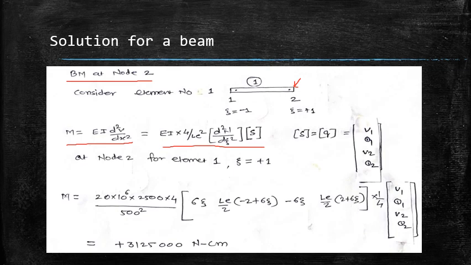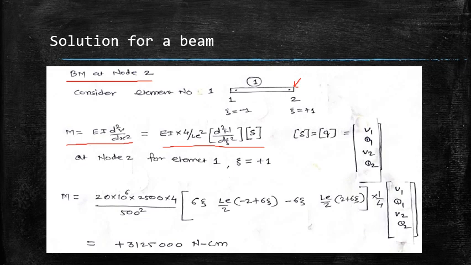You can select either element for the analysis. I have chosen element number 1, and this global node number 2 is again the local node number 2 for element number 1.